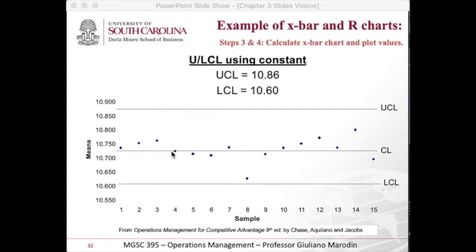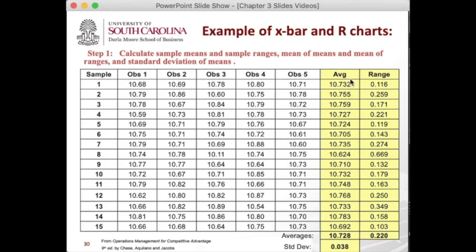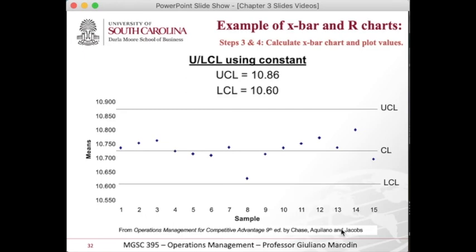And how do I get those dots? Well, let's go back here, and they are the X bars of each sample. So sample 1, that's the value of sample 2, 3, 4, 5, 6, 7 until sample 15, and these are the values that we put here, okay? And you can see there's a nice variation going in and out and up and down. And question here, is the process under control?